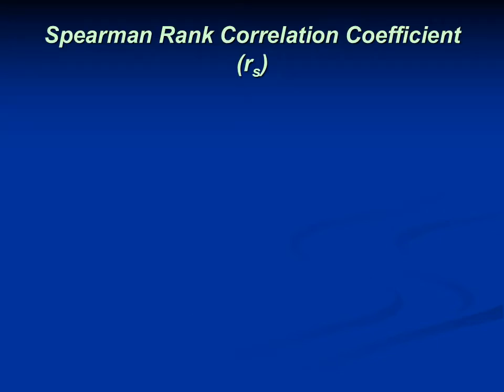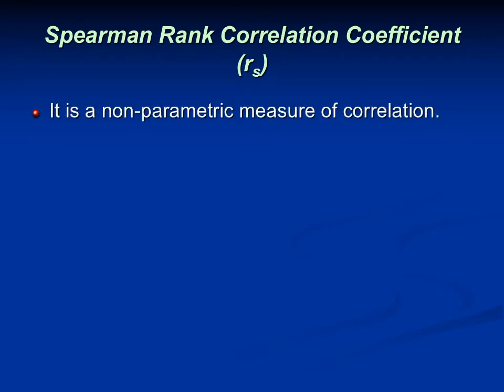Then another correlation coefficient that is normally important, most especially if you have some qualitative variables in your study, or if you have qualitative and quantitative variables but ranks involved, is what we call the Spearman's rank correlation coefficient. It is denoted as RS.